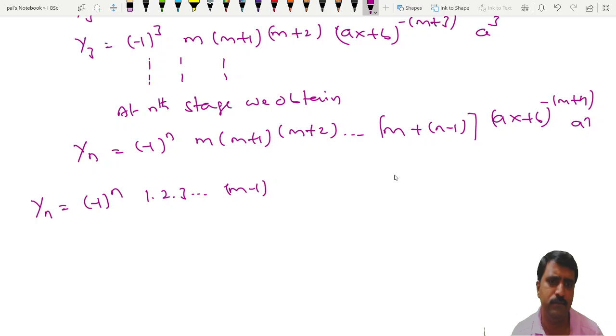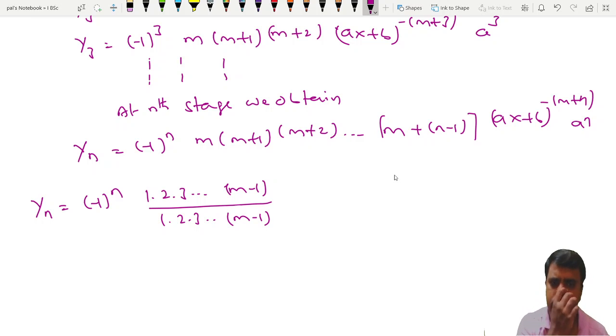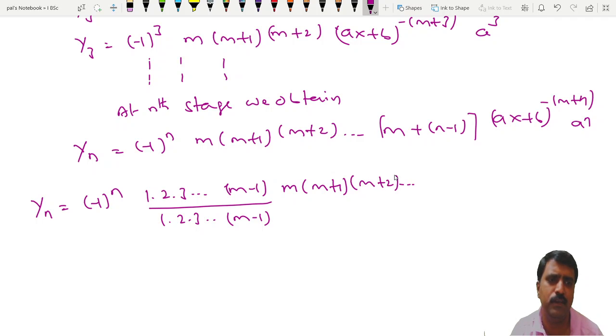So in the denominator also the same factors must be multiplied, 1 into 2 into 3 and so on, m minus 1. So in numerator and denominator I am multiplying the same factors 1, 2, 3 and so on, m minus 1. And the remaining is m into m plus 1 into m plus 2 and so on, up to m plus n minus 1. That last factor is m plus n minus 1. This into ax plus b.